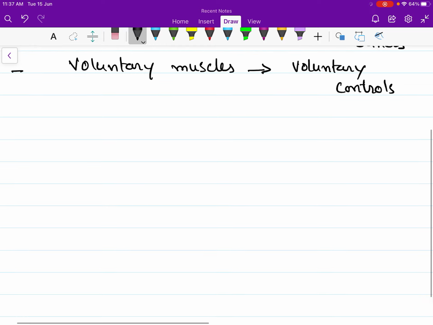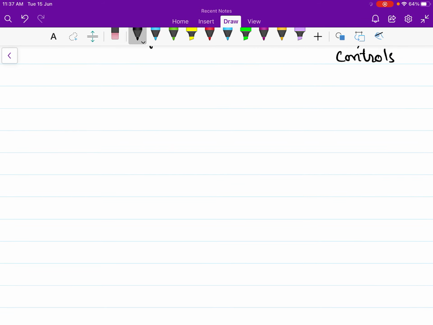Now, as far as the structure of skeletal muscle is concerned, each skeletal muscle is formed of bundles of muscle cells called muscle fibers, which are called fascicles. So let me draw a structure of a skeletal muscle. Suppose this is one skeletal muscle.